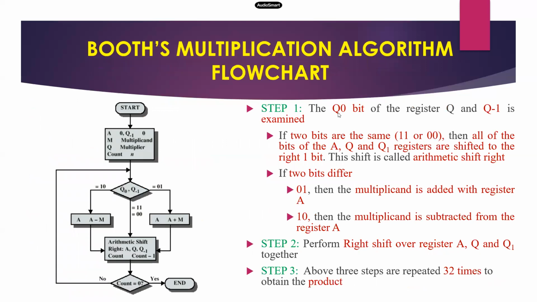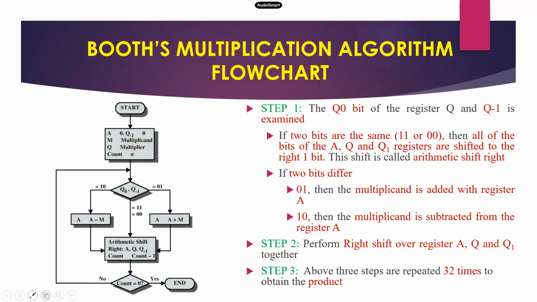This is the flowchart of Booth multiplication algorithm. On the left hand side, the flowchart. So start, A is initially 0 and Q minus 1 is also initially set to 0, and M is called the multiplicand, and Q is called the multiplier.